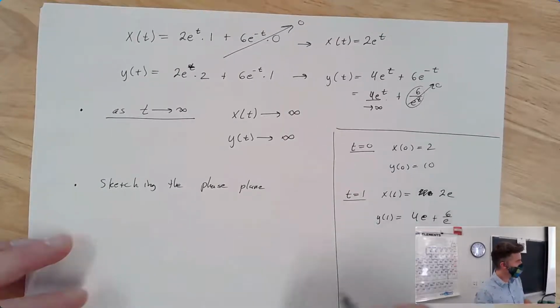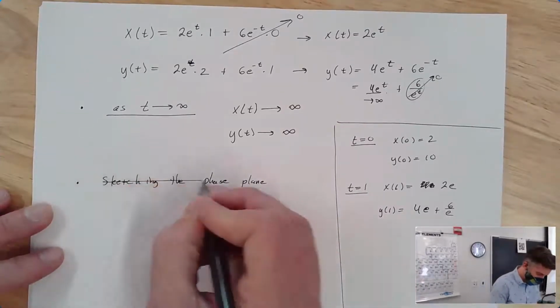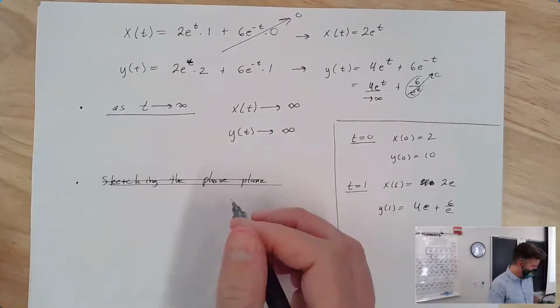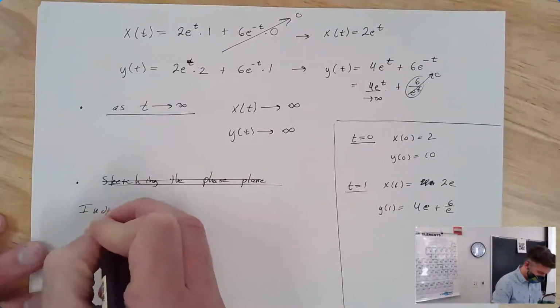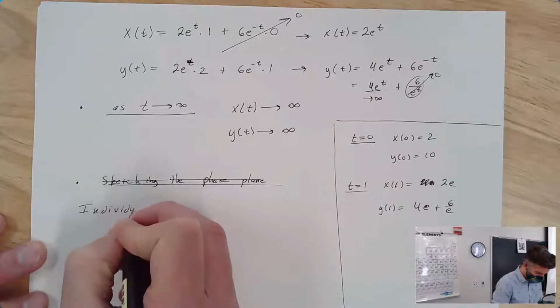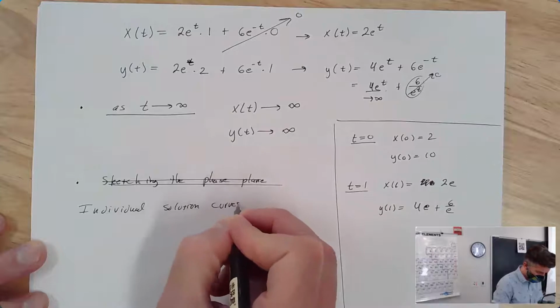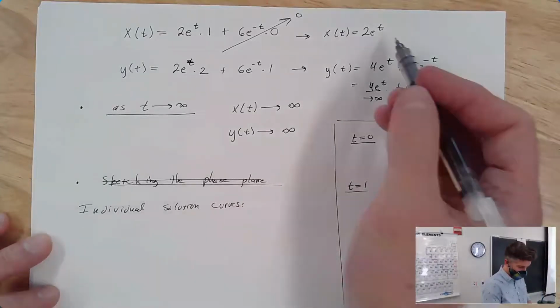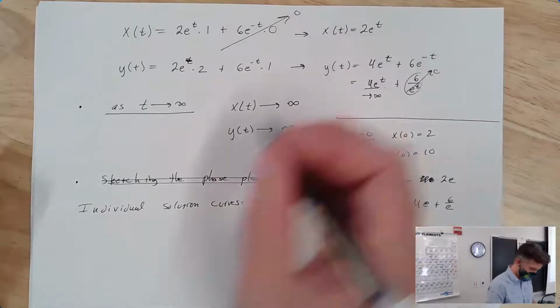All right, so the idea is that you can plot both of these things. You can graph both of them. We'll come back to sketching the phase plane. We can write the individual solution curves. I'm really just looking at the equations. I know what the graph of 2 e to the t looks like.